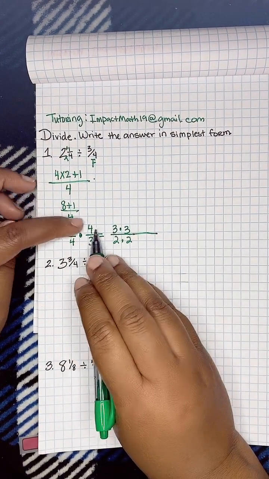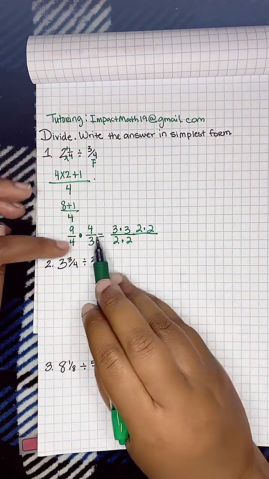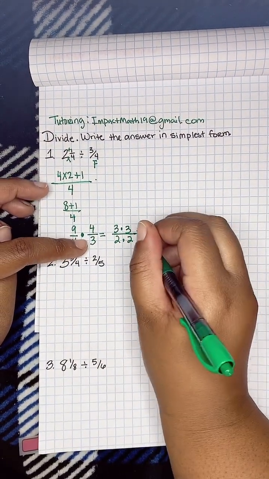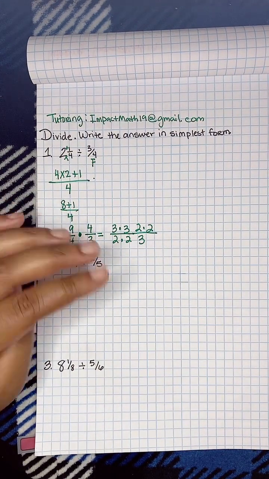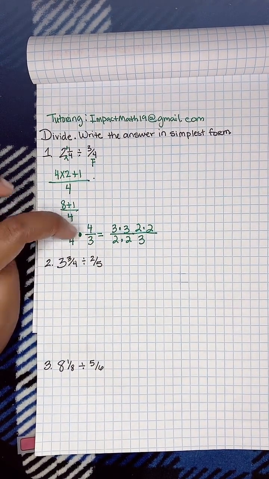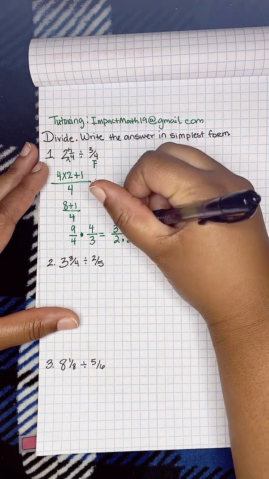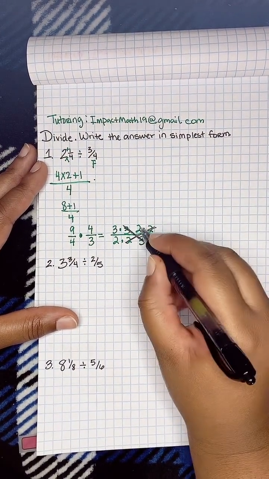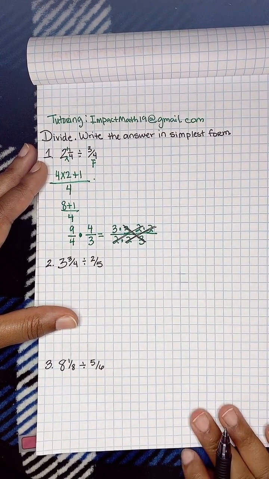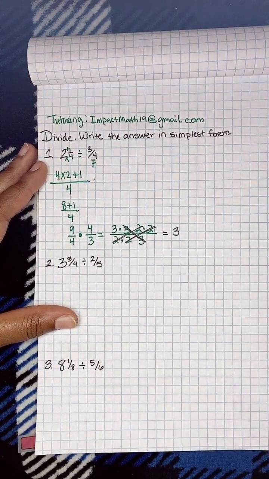Now I'm multiplying that by another 4 up here, which is 2 times 2. And then I have 1 3 on the bottom. I'm just showing how they can see that 3 goes into 3 and 4 goes into 4. So if we cancel, I can cancel out 1 3 here. I can cancel out a 2 here and a 2 here. So what am I left with? I'm left with only 3.